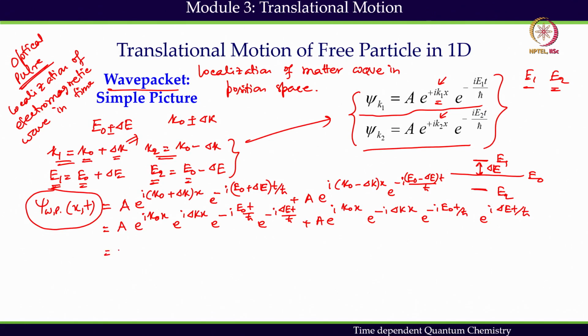So now I can write down e to the power i k naught x, e to the power minus i E naught t by h cut, as common.